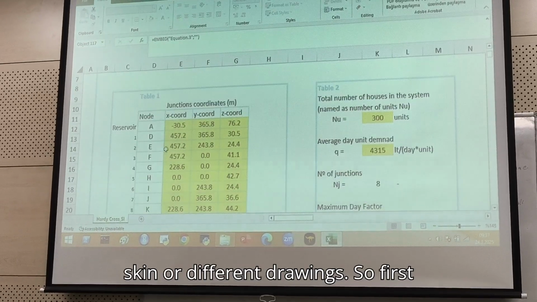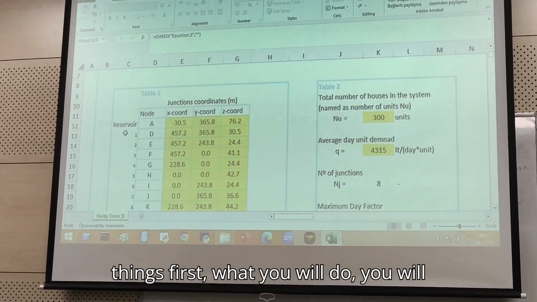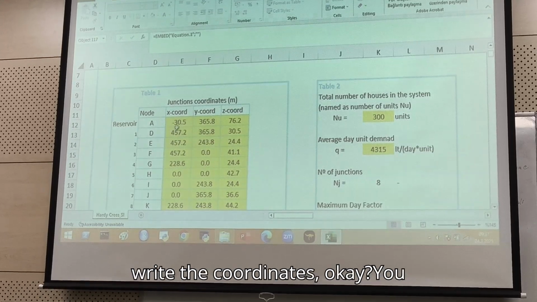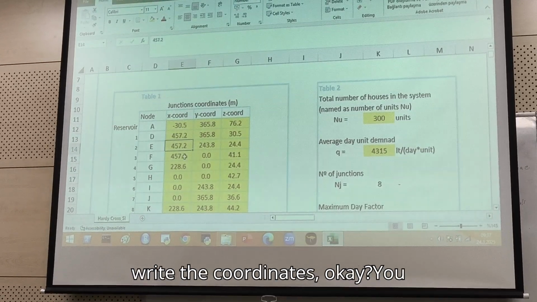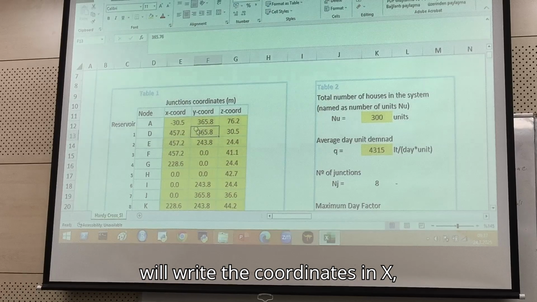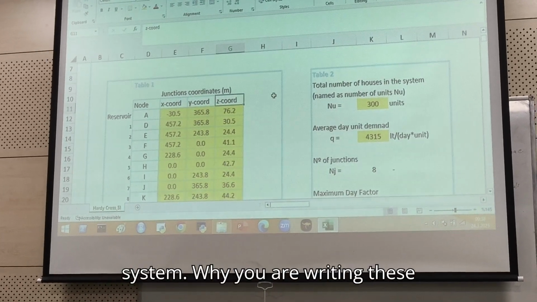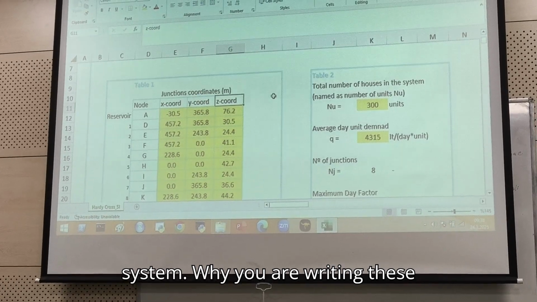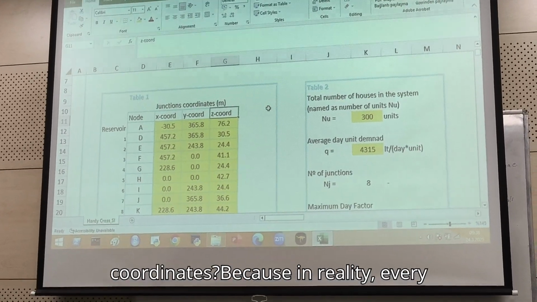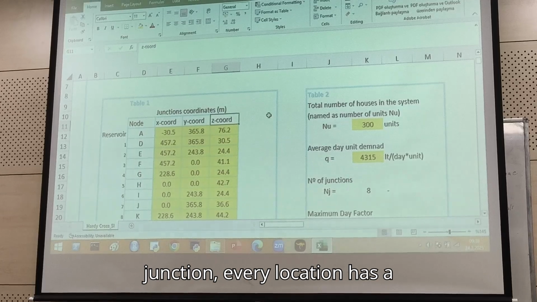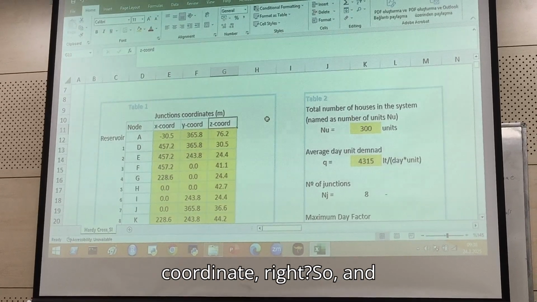scheme or different drawings. So first things first, what you will do, you will write the coordinates, okay? You will write the coordinates in X, Y, and Z Cartesian coordinate system. Why are you writing these coordinates? Because in reality, every junction, every location has a coordinate, right?